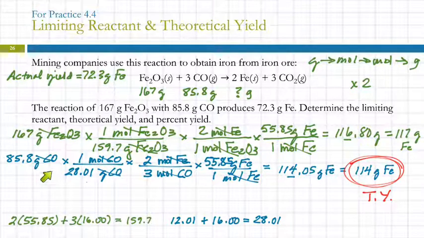It's the CO, because this was my theoretical yield, because this is what I get when I completely use up all the CO. This one, there's going to be some left. So this carbon monoxide is my limiting reactant. You can write the words out, but I know what LR means, limiting reactant.